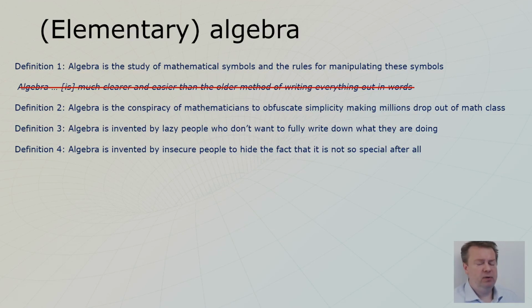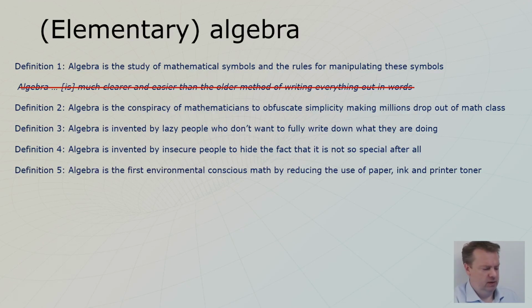You know, if people are insecure, they probably invent stuff like secret languages, secret symbols, just to feel special. No, I'm joking. I mean, algebra is, of course, the first environmentally conscious math, and it reduces the use of paper, ink and toner, which is good for the planet. That's why they did it. No, they didn't. No jokes.